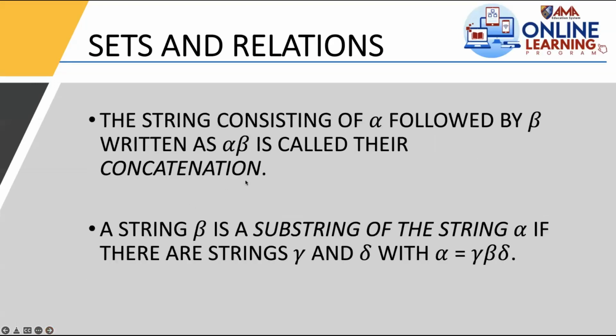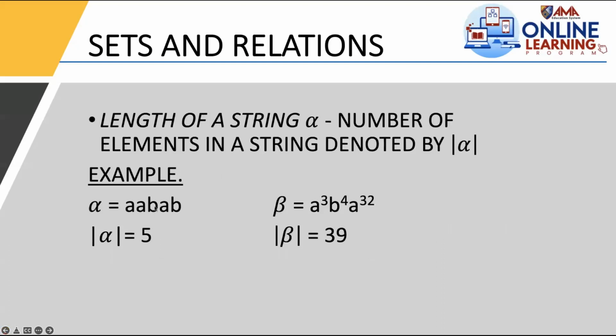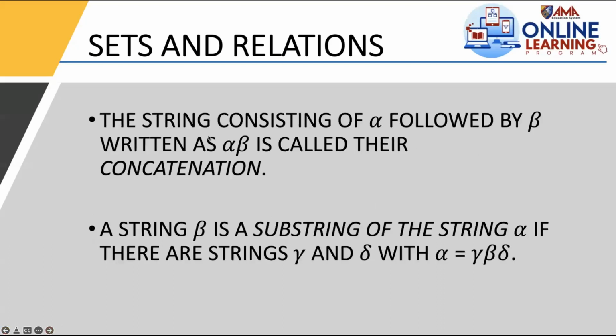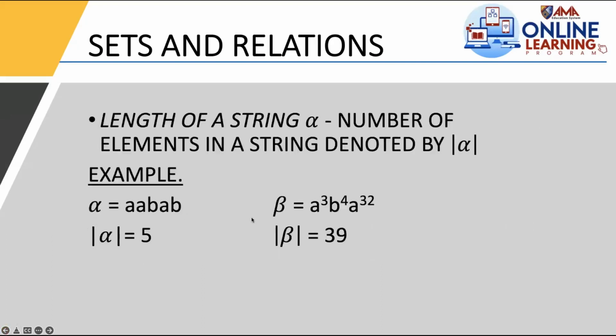Yes, the concatenation. So we can denote a string like this. Greek letters, you put them together instead of just this. So this, we call concatenation. The string consisting of alpha followed by beta can be written as this. It's called their concatenation. So for example, this alpha and beta put together.